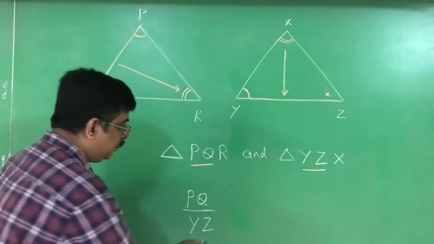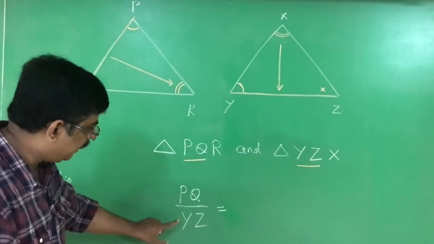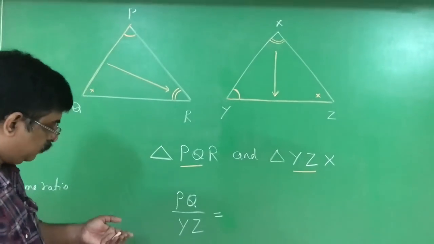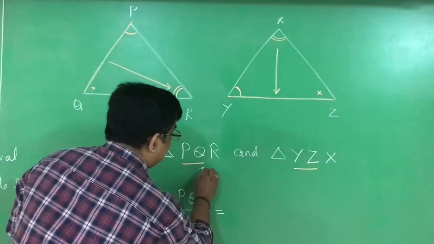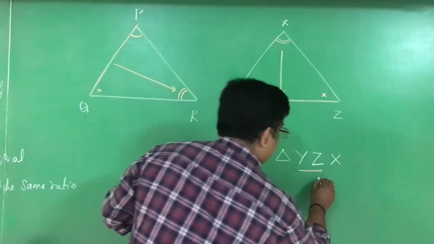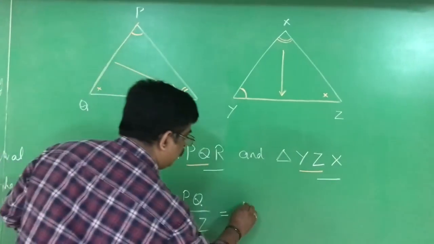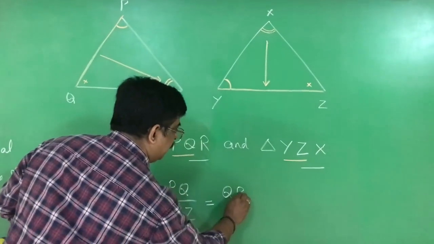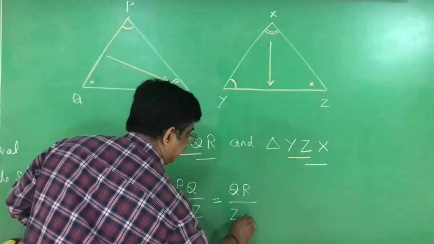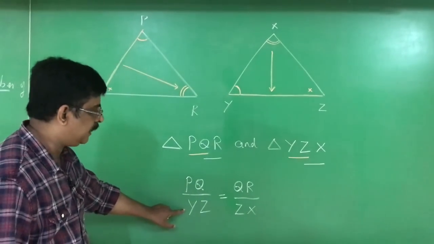The ratio of PQ by YZ is equal to, now see the second and third. Second and third is QR. Here second and third is ZX. Therefore, the ratio of QR by ZX is the same as the ratio of PQ by YZ.